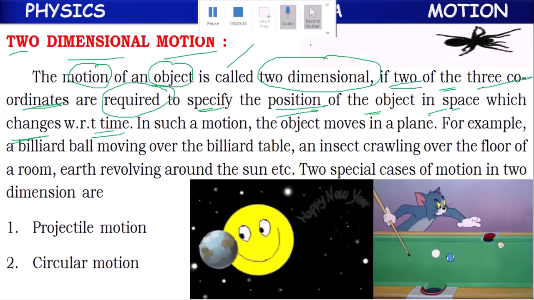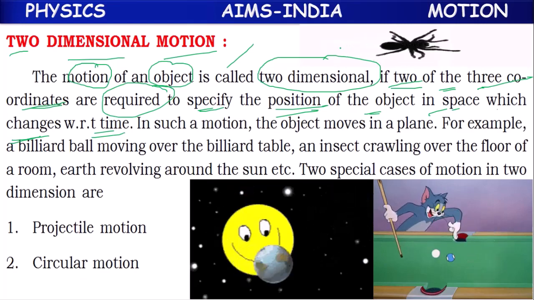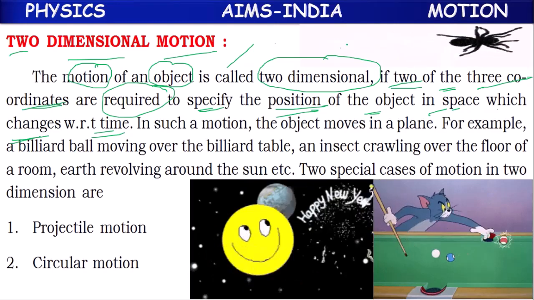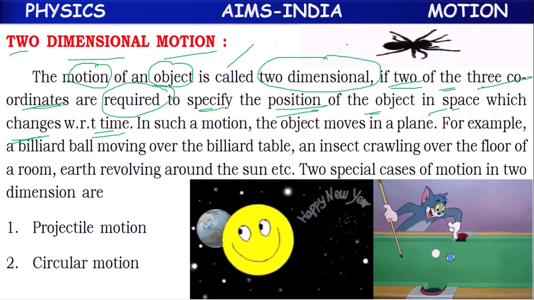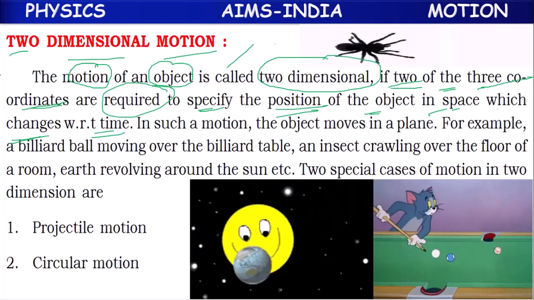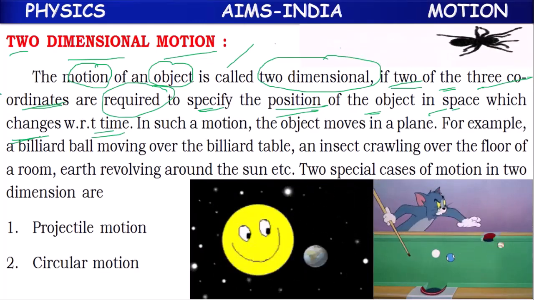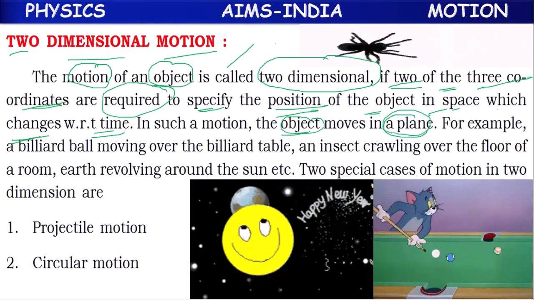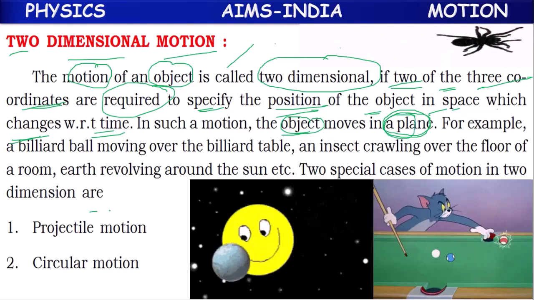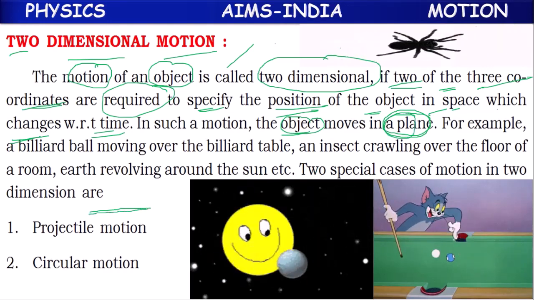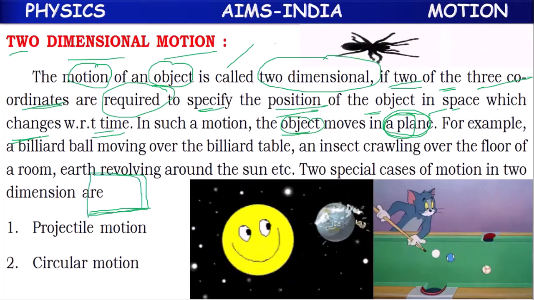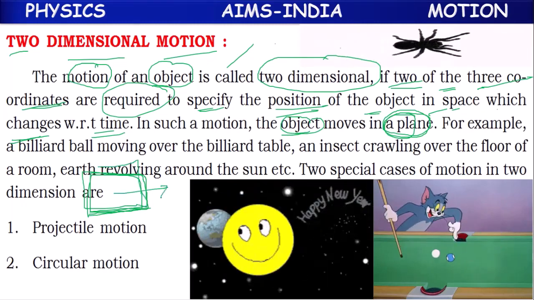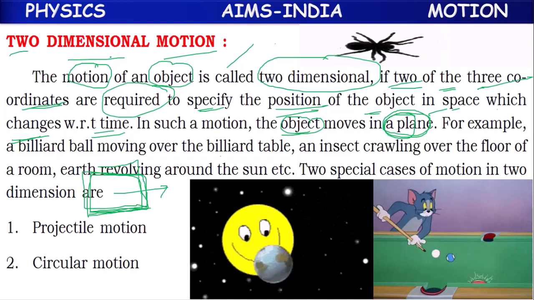It means if the object changes its position with respect to time in 2 or more directions, then it is called two-dimensional motion. It means when the object is moving in a plane, not on a line, if it is moving on some surface, then that movement is called two-dimensional motion.